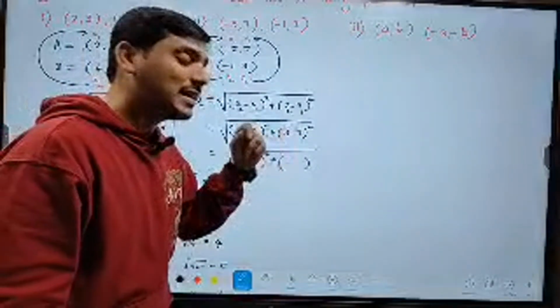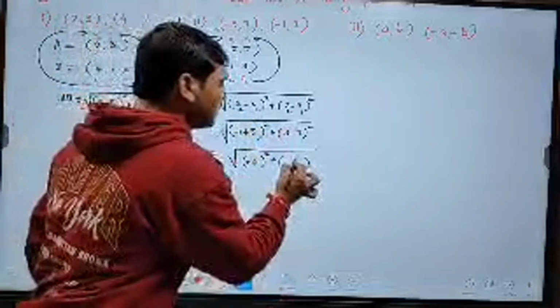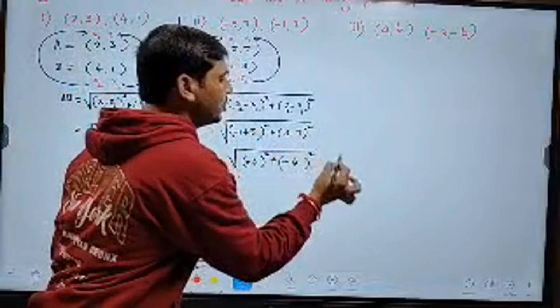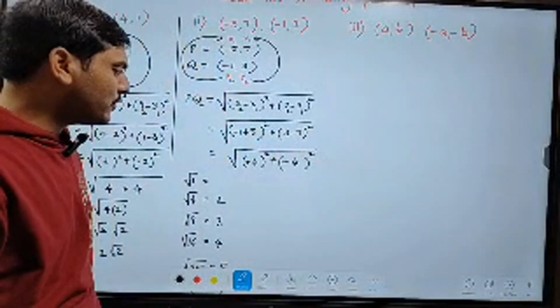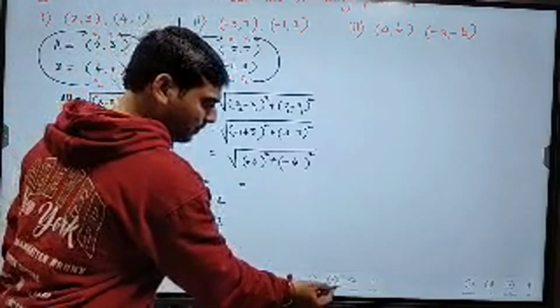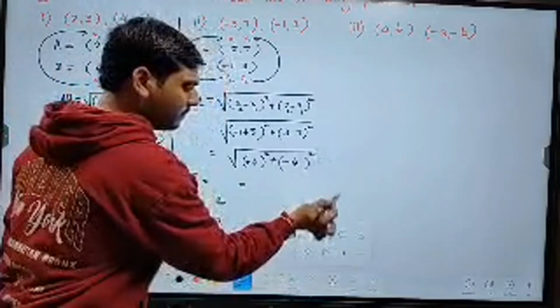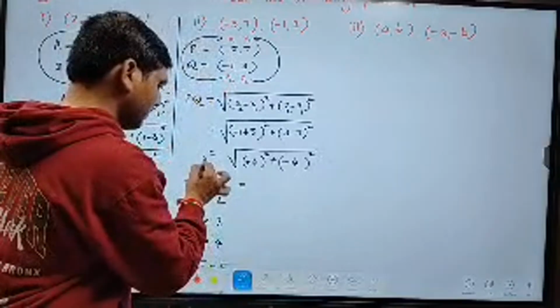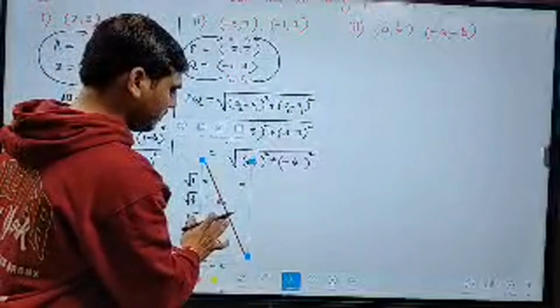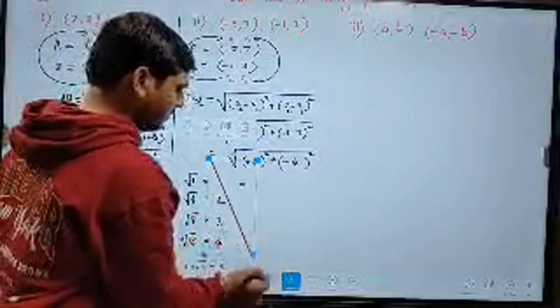You take the big number's sign. So answer is 4, sign is the big number's sign, minus, and the power is your right side. Is it clear, students? Now equal to, yes.